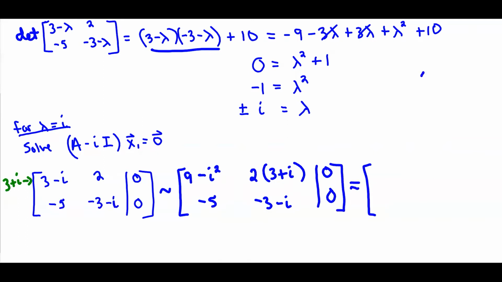So what is i squared? Well, since i is the square root of negative 1, then i squared has to be negative 1. So this is negative 1. So this is 9 plus 1, which is 10.